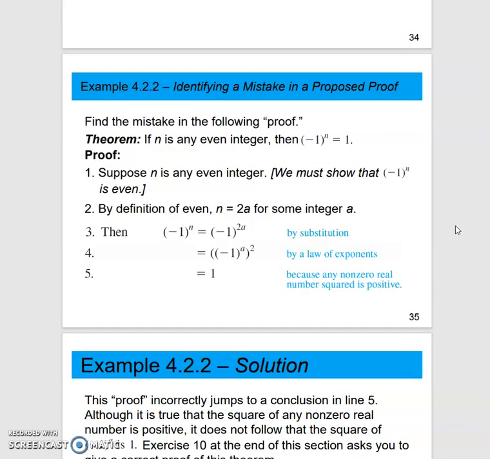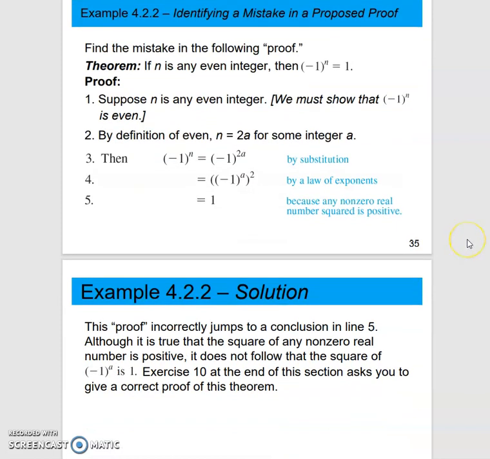So let's pull up a problem that has a proof with a mistake in it. Here we are trying to show that if n is an even integer, then (-1)^n is 1. So here is my proof. Suppose n is any even integer. By definition of even, n equals 2a for some integer a. Then (-1)^n equals (-1)^(2a).